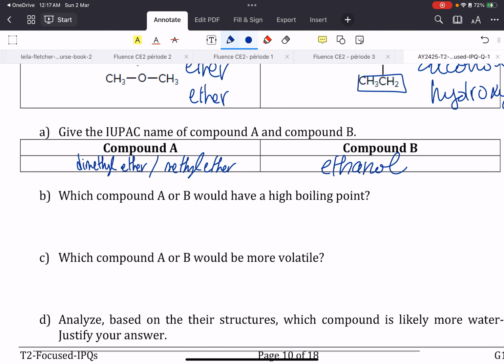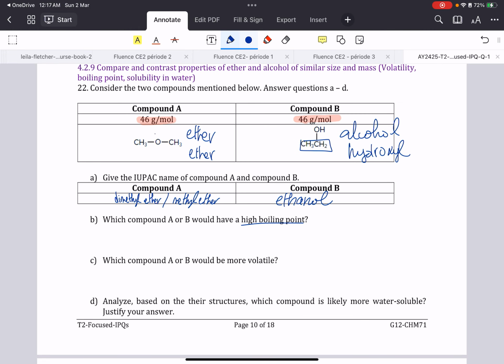Which compound has the higher boiling point? Usually alcohols have a higher boiling point than ethers, because alcohols contain the hydroxyl group. The presence of this OH group allows alcohol to make hydrogen bonds, which elevates their boiling point.